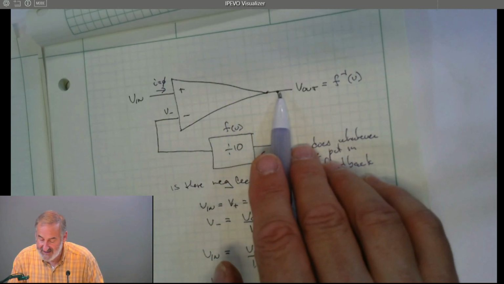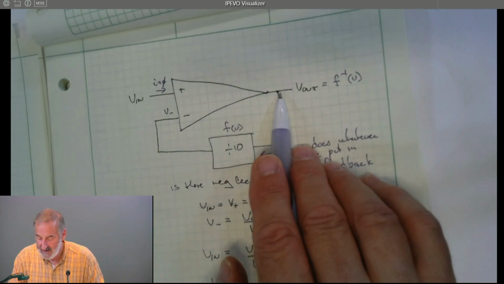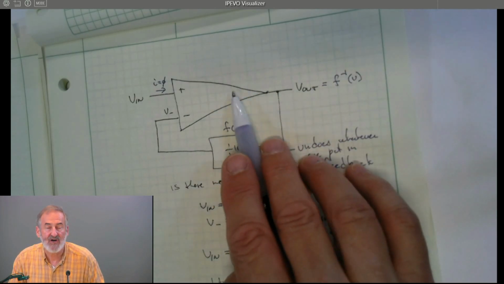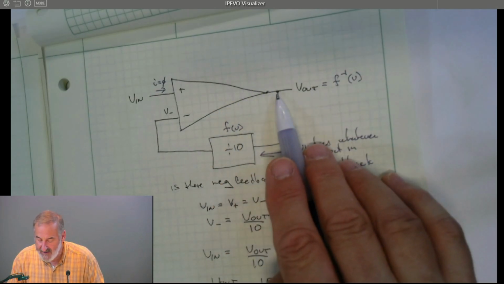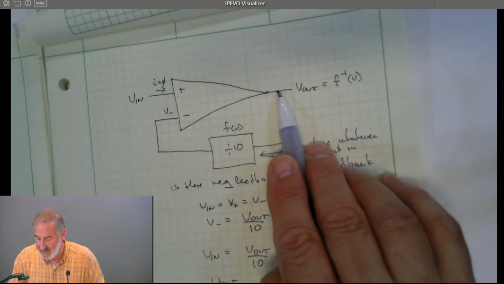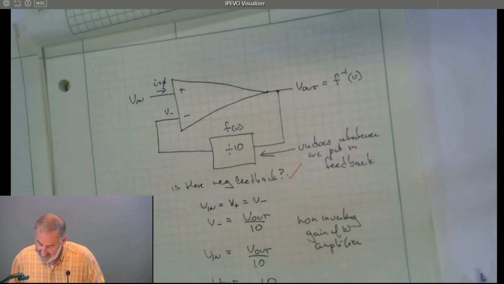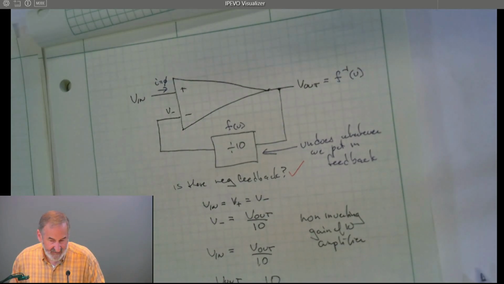All it cares about is keeping V out at the correct voltage. So if we pull current out of here, even though it means there might be a voltage drop inside, the op amp is just looking at this output, and if we pull current, it will adjust the internal voltage source so that this stays the same. So that gives us our non-inverting configuration.